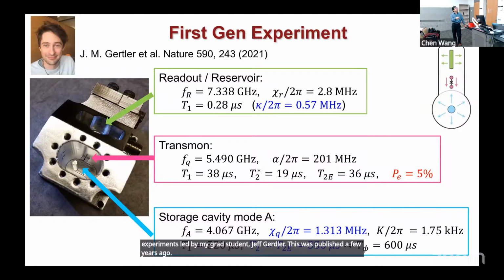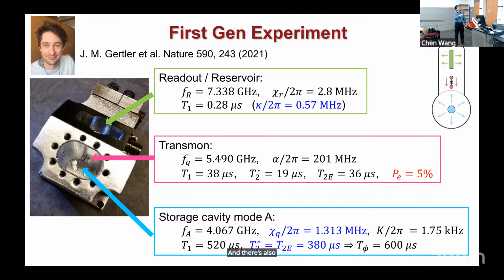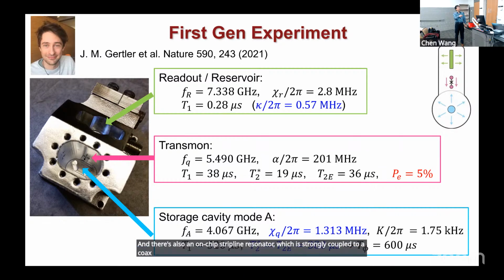And you can see that this is our superconducting cavity. And there is a chip in the middle, which contains a transmon ancilla that is the aluminum on sapphire standard superconducting qubit fab. And there's also an on-chip strip-line resonator, which is strongly coupled to a coax cable, which is our readout or reservoir mode for the system.